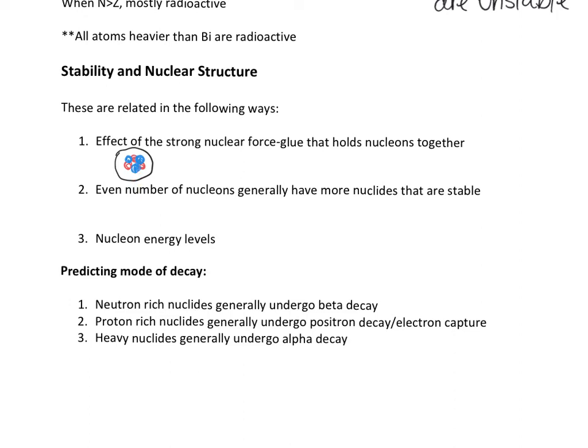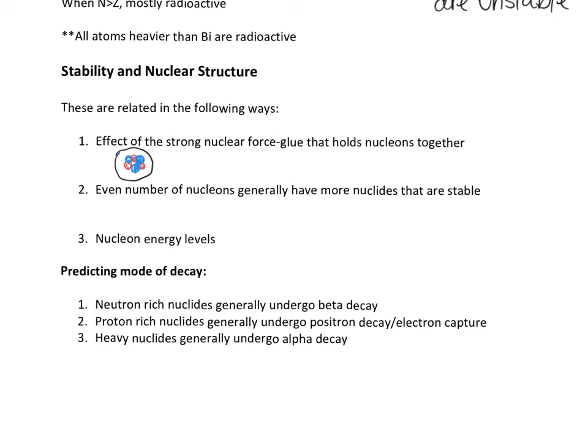What holds them together is what's called the strong nuclear force, and this only works when the nucleons are really close in proximity. But when they are really close, it's really effective to hold that nucleus in place. So that means when you have a smaller number of nucleons, you typically have a more stable nuclide because they're closer in proximity.